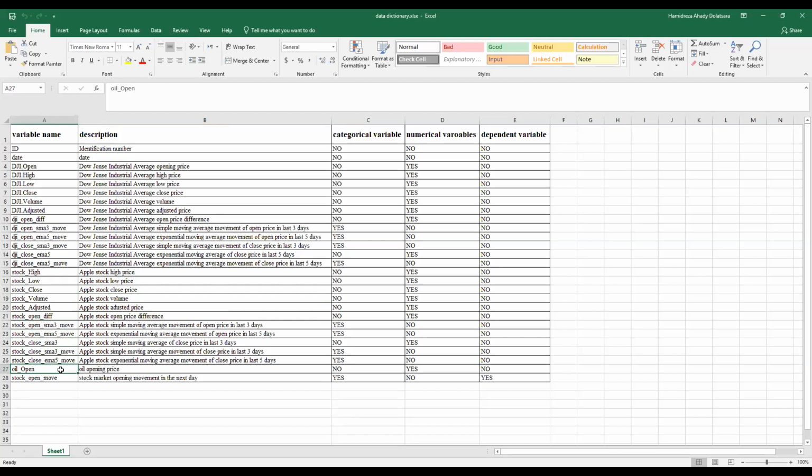The last independent variable is oil open, which means oil opening price. There is the oil market that has open price, close price, and so on and so forth.